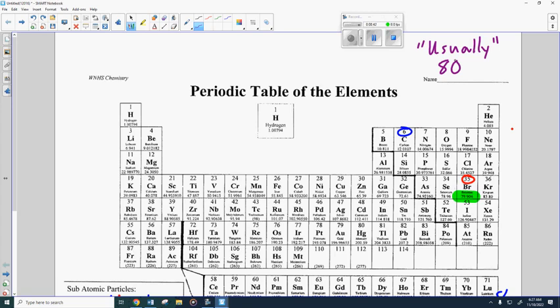Now, we're not going to see a bromine with a number that's not close to that. We're not going to see a bromine with a mass of 200, just like you're not going to see a freshman that's 36 years old. Okay, that would be problematic. But that's just an average if you're using the number off the periodic table. And we only use that number if we have no other choice, okay?